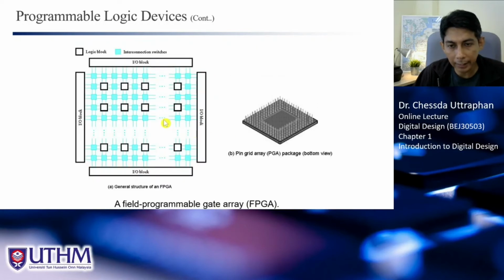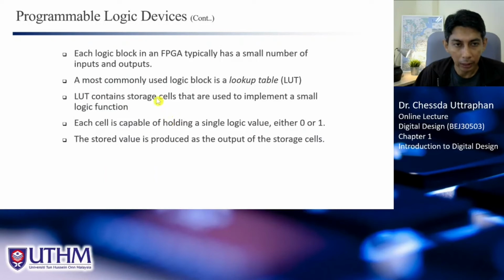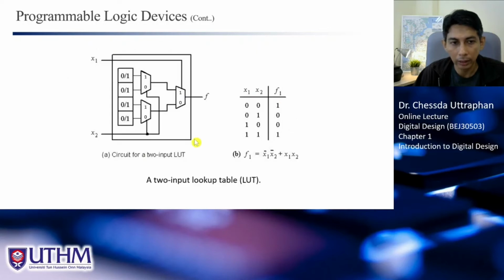So FPGA is a little bit different from the previous PLD in terms of how it implements the logic. It is not using the AND or OR plane. Instead, it uses what we call a lookup table, or LUT in short. So this is how we implement logic in FPGA. We use the lookup table, and the lookup table looks like this.